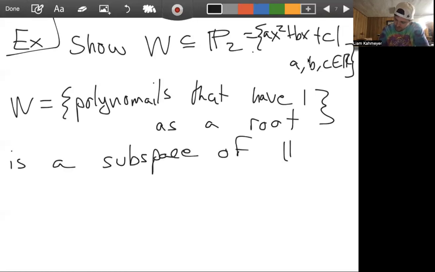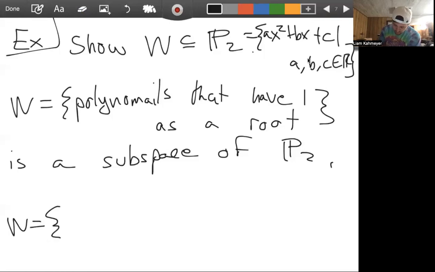Let's show that W is a subspace of P2. Now, to show that it's a subspace, we need to ask, does this contain the identity element? Is it closed under addition? Is it closed under scalar multiplication, right? We have to ask ourselves those 3 things. Now, to do that, we need to understand W a little more explicitly.